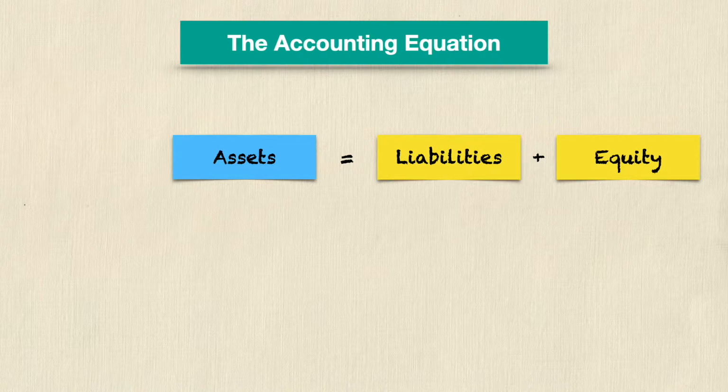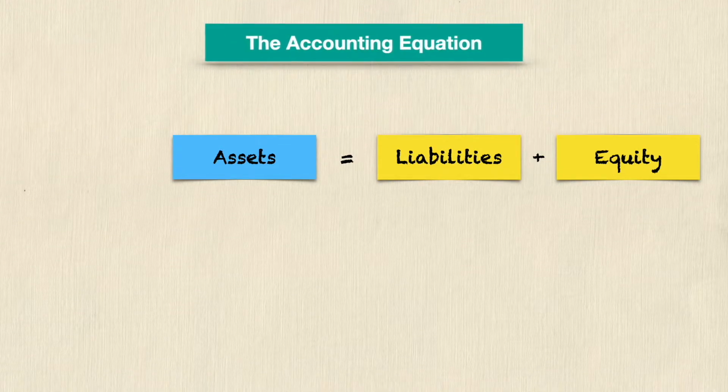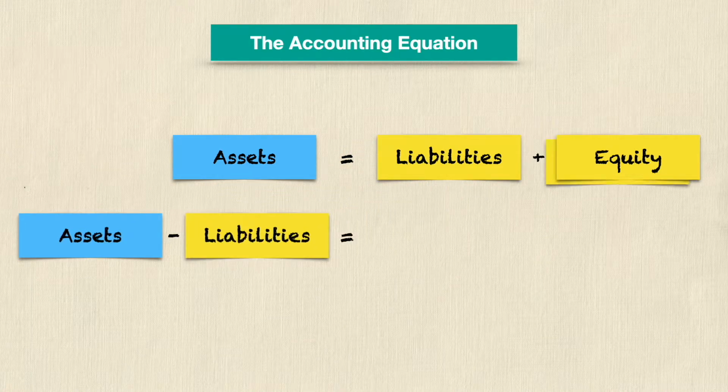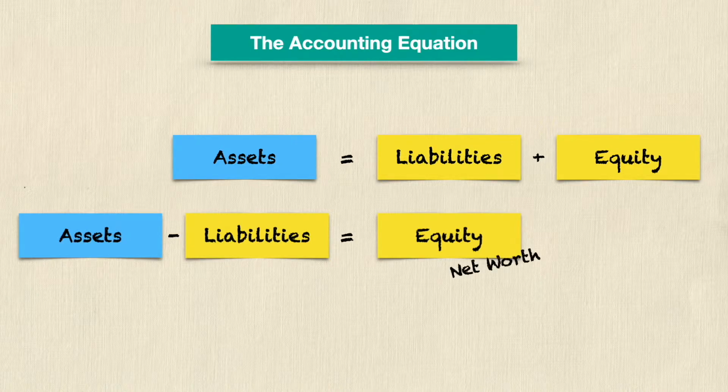Now, the accounting equation can be rearranged to present equity as a residual interest on the resources or assets of the business after settling or repaying its external obligations or liabilities. This residual interest is also known as the net worth of the business.